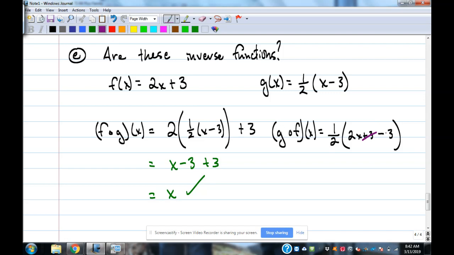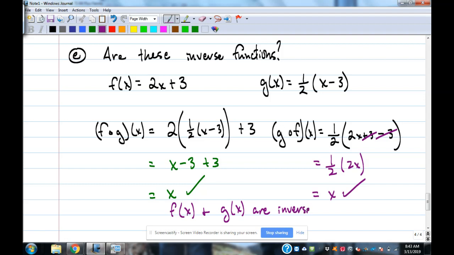So plus 3 and minus 3 cancel each other out. We get 1/2 times 2X. Half of 2X is 1X. Verified in both directions. So that tells us that F of X and G of X are inverse functions.